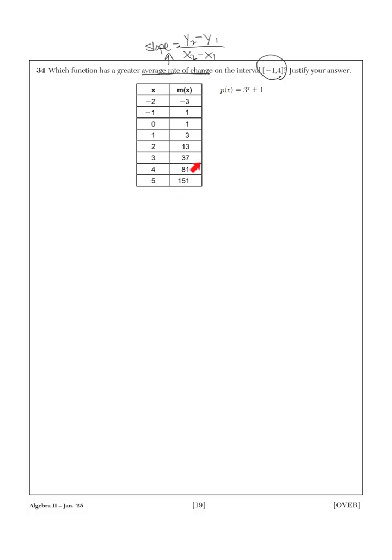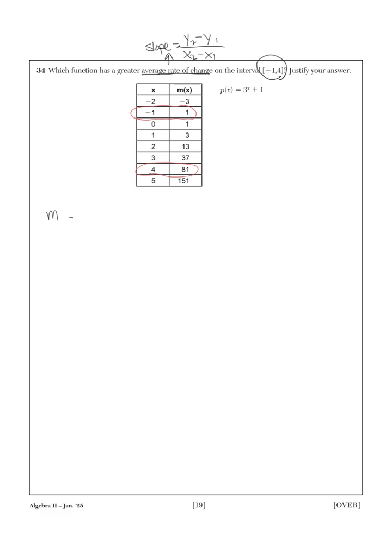So they gave us a nice pretty table here. That's a little bit easier for most kids to start with, so I'm going to start there. They're talking about at x equals -1 and x equals 4. So if I'm doing the slope for m of x, remember slope is really m. M stands for slope.